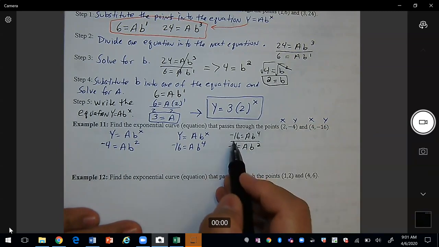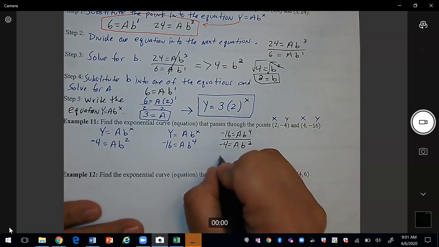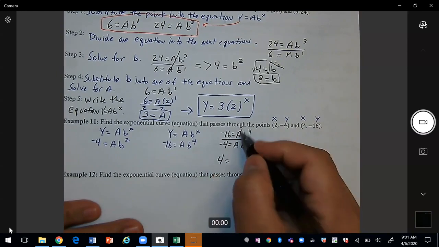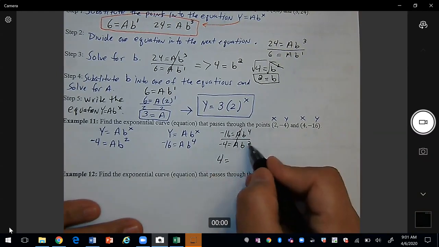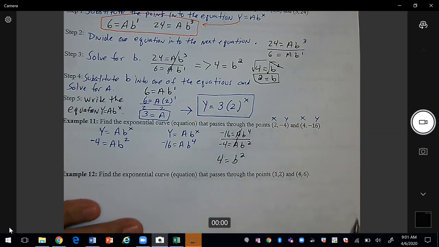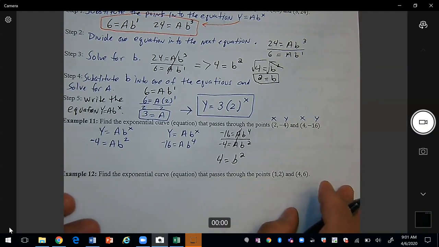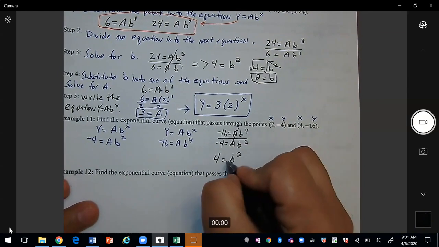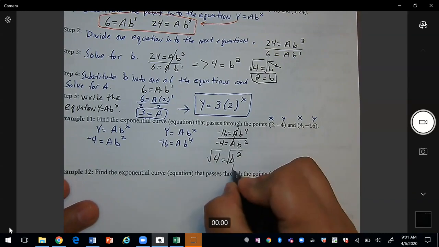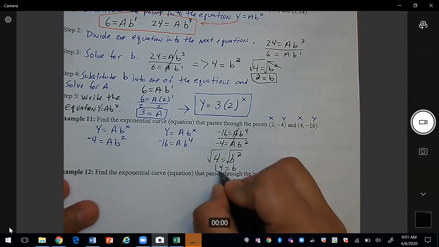So negative 16 divided by negative 4 is 4. My a's become 1. B to the 4th divided by b squared is b squared. Solve for b. Take the square root here, so we get b is equal to 4.